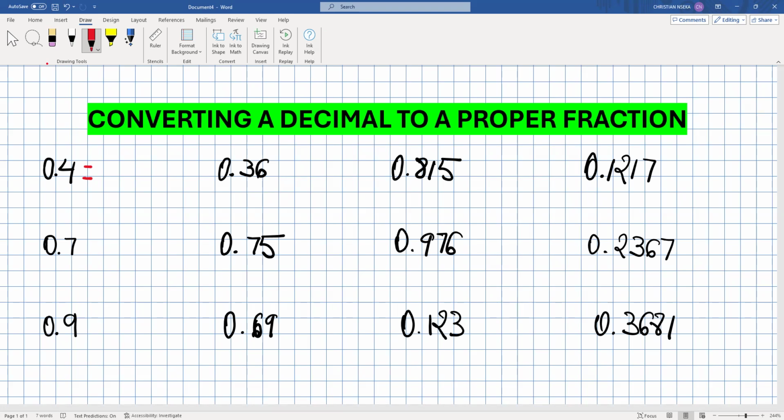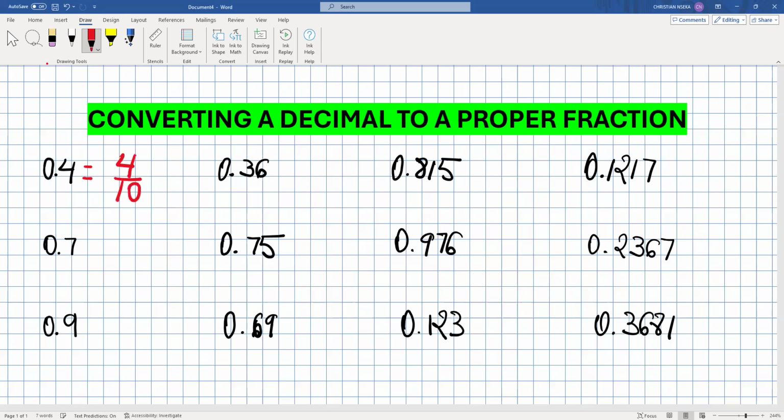That is the tenths place. So the first thing you have to do is get rid of the 0 and get rid of the decimal point. So you're going to write 4 right here. Then you're going to put your fraction bar right there. Since you have only one decimal place, you will write 10 right here.